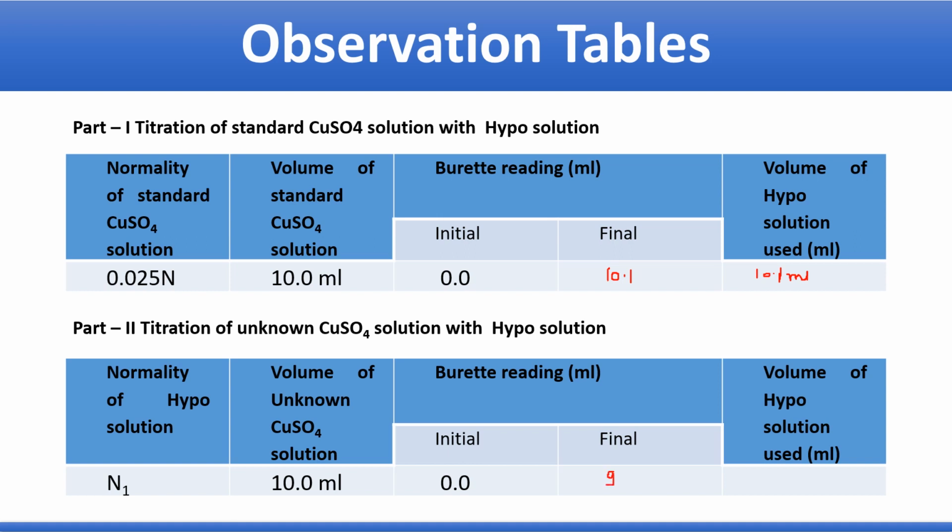This time, as we have seen, the final burette reading is 9.8 ml. So write down here the final burette reading with the unknown copper sulfate solution.